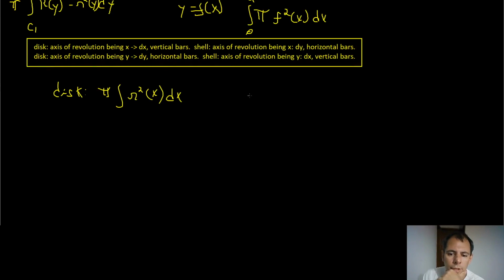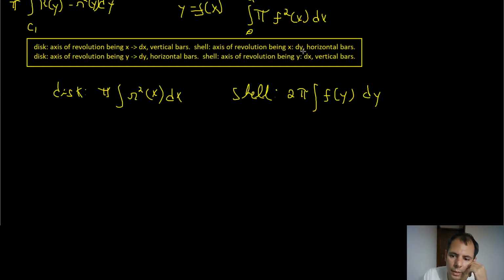Okay, the shell around the x-axis is going to be 2 pi, the integral of f of y dy times the y. You've got to have another y in here.